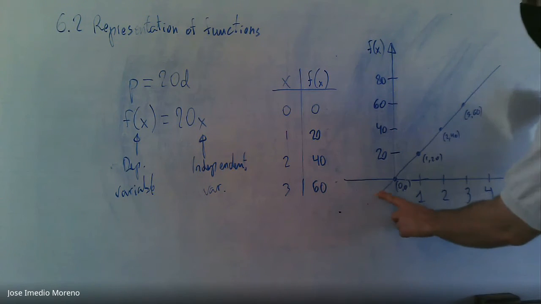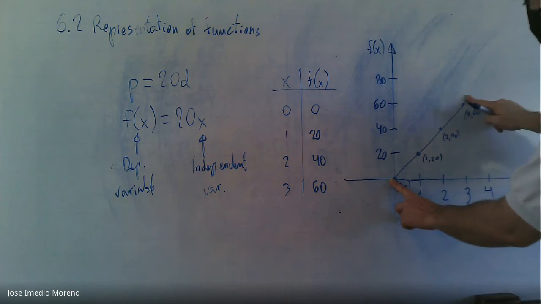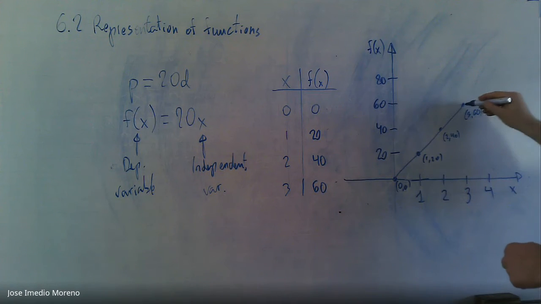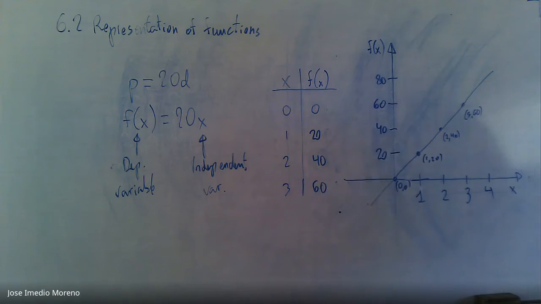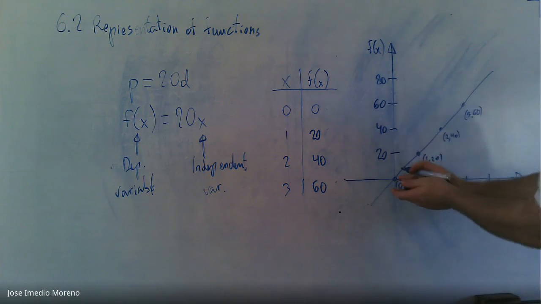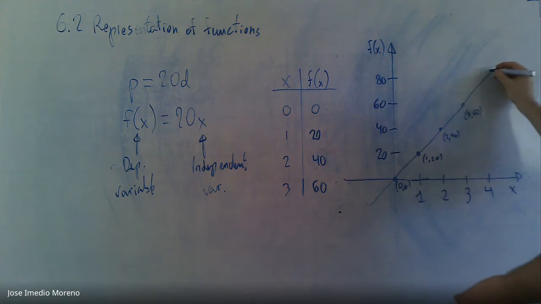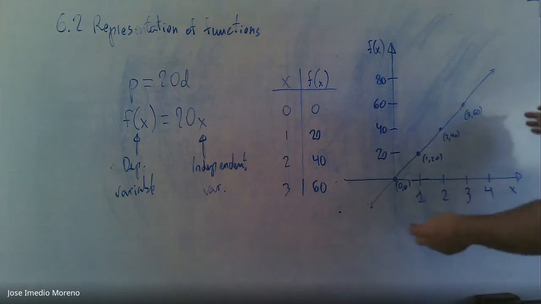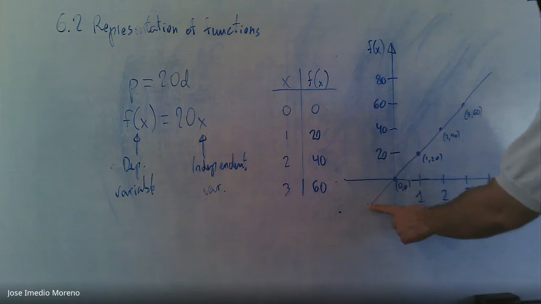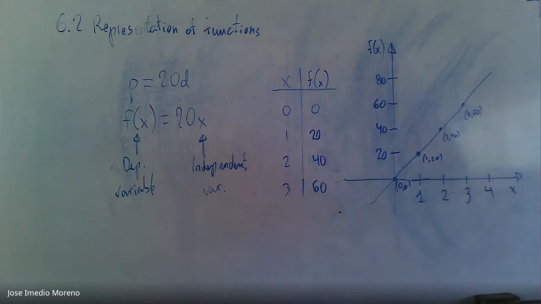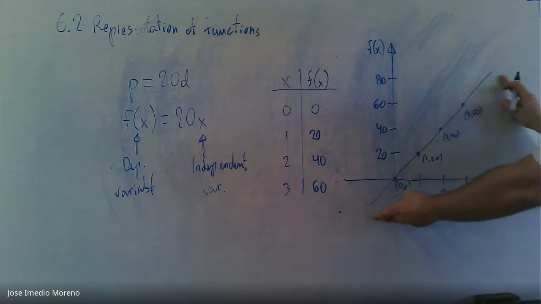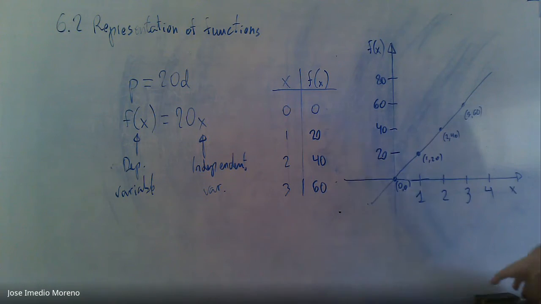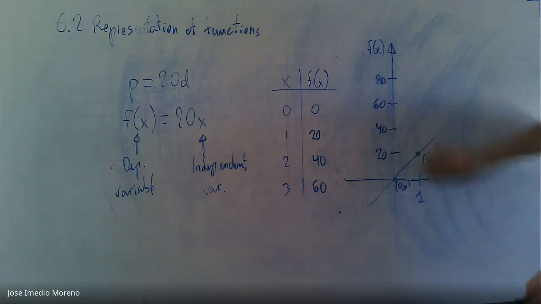So instead of cutting it like this, I need to make it explicit that this line is infinite. It's going to go on, to the right and to the left. If you want to make these little arrows here, it's fine. It's not necessary, but you could do it. The important thing is that you make it explicit that this is infinite.